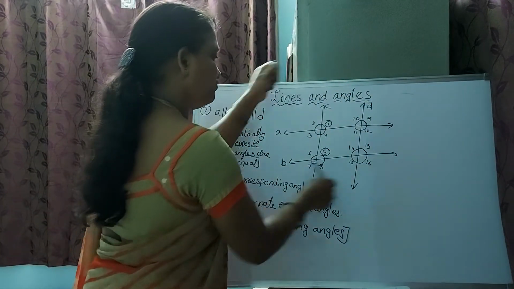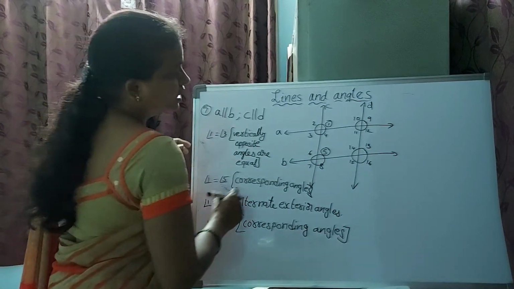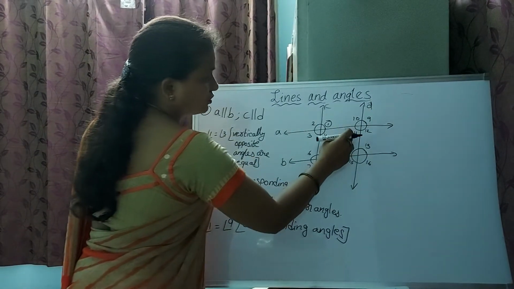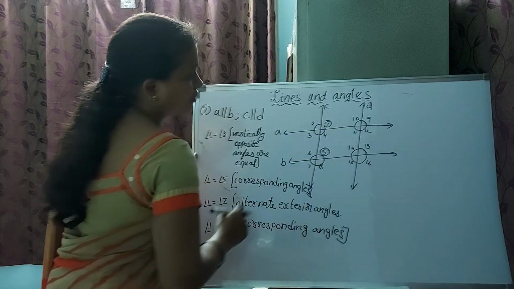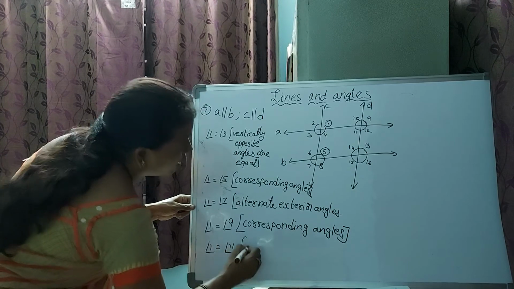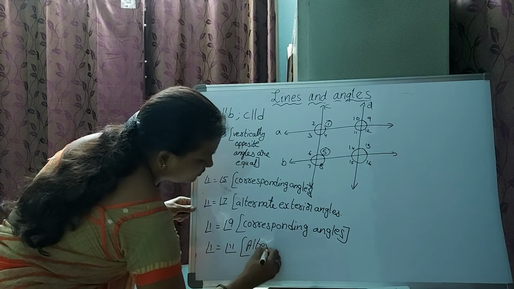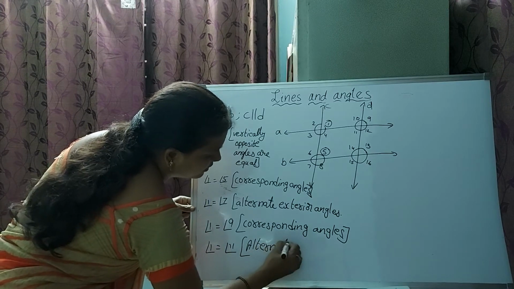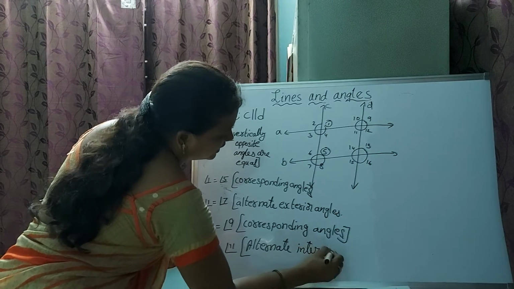If 9 is equal to 11, alternate interior angles, then angle 1 equals angle 11, alternate interior angles.